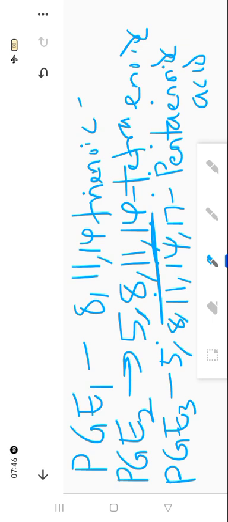So in the next lecture, we'll be talking about the pathway for the biosynthesis of prostaglandins, the cyclooxygenase pathway, and how these prostaglandins are formed from arachidonic acid.